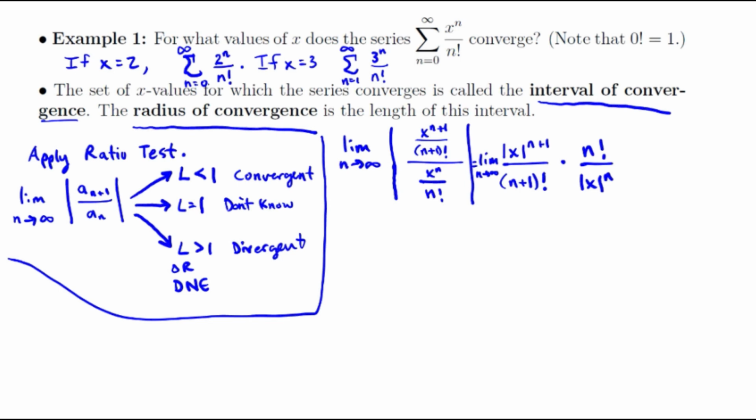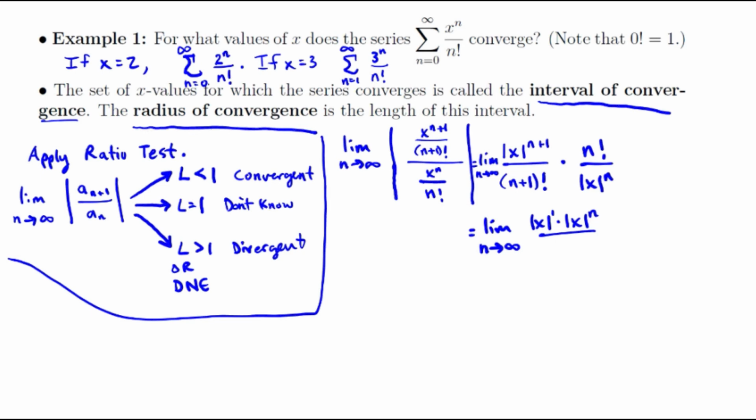Okay. So with that, now we see, what can I do to simplify things? And you saw some problems that were like this back in the last section, where we said, okay, if I have something to the n plus 1, that can be that thing to the first, right, times that thing to the n, right? Multiplying like bases means we add exponents.